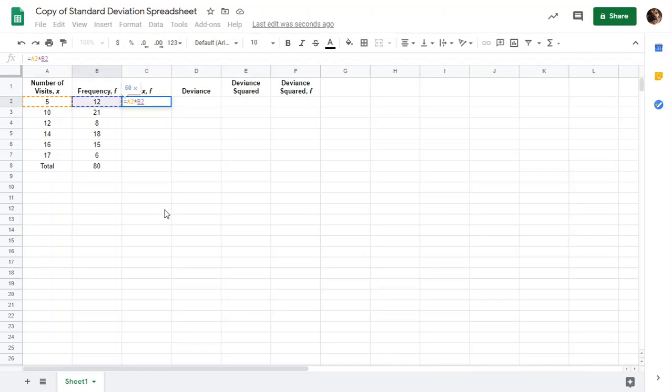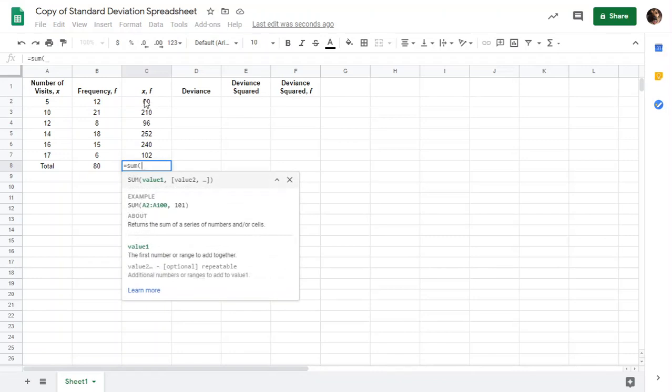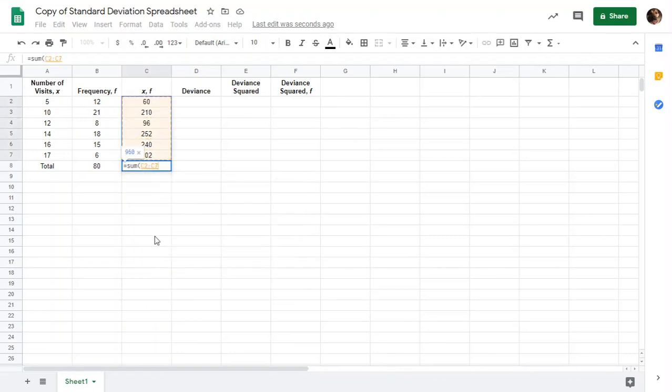So the students that went 5 times each went a total of 60 times. I can drag this down, and that'll give me all of those, and then I want to sum that. So I want to know how many total visits we have. Our sum from C2 to C7 is 960.